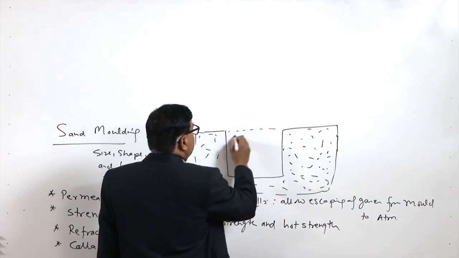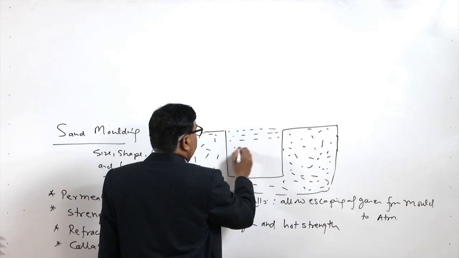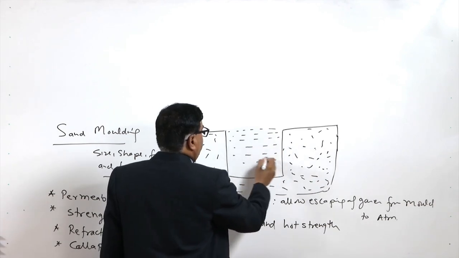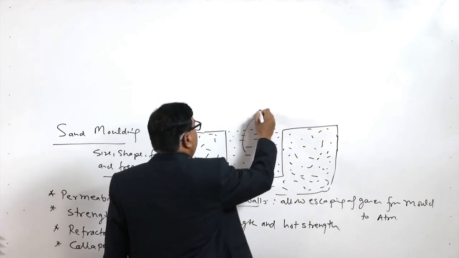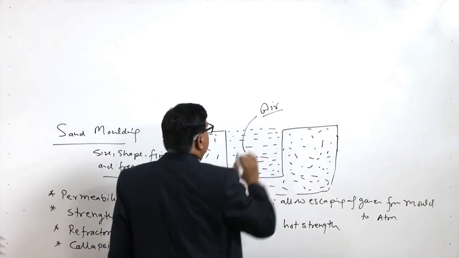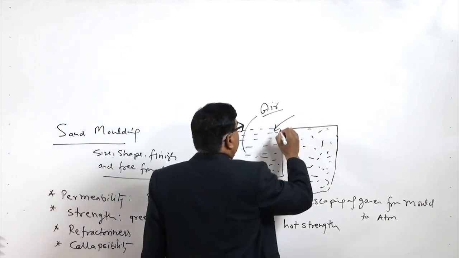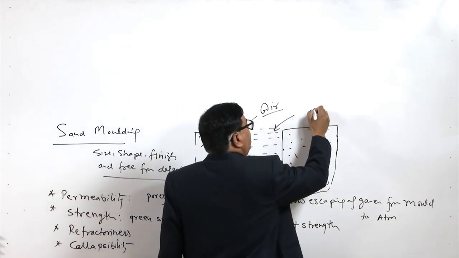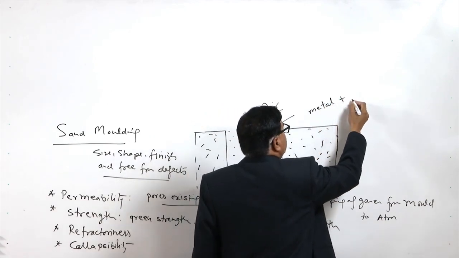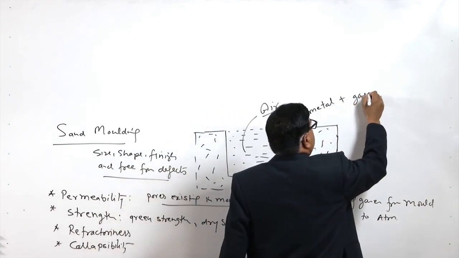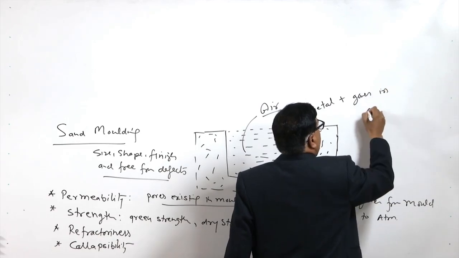So, we know that when molten metal is poured into the mold, before pouring there will be air inside the mold. The molten metal being poured will have the metal plus the gases in a dissolved state.